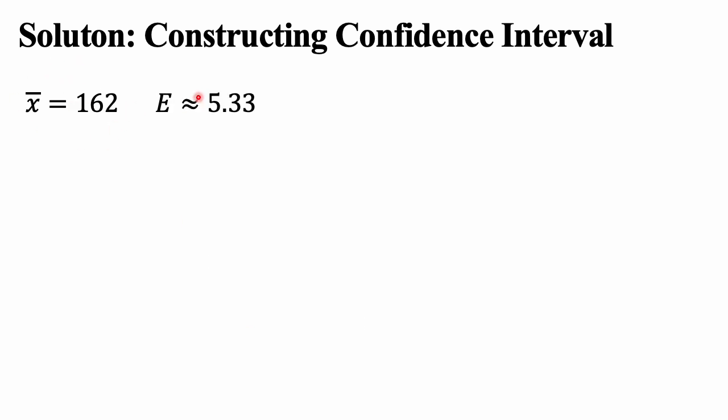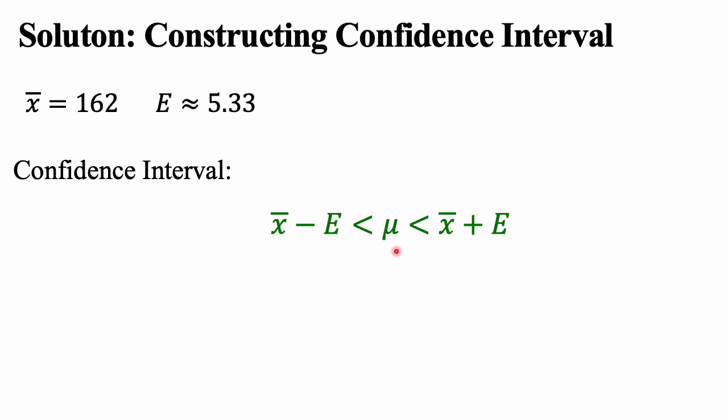We have the sample mean and margin of error, so we can construct the confidence interval. The population mean should be between the left-hand point, sample mean minus margin of error, and the right-hand point, sample mean plus margin of error.